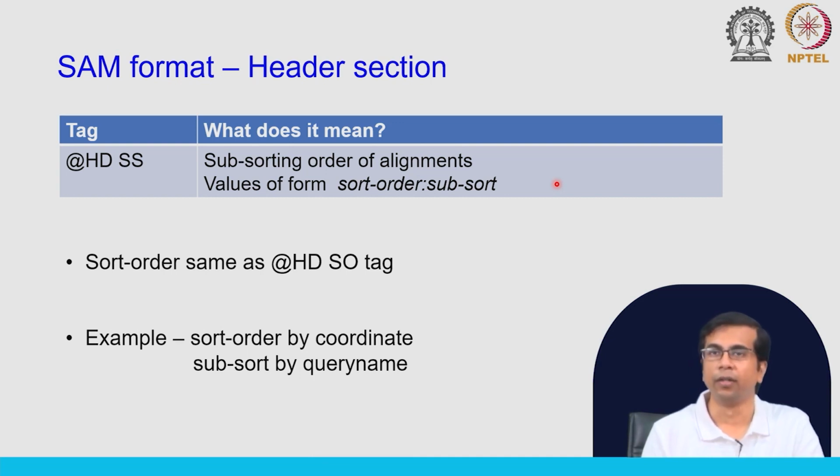So you can have two levels of sorting: first by coordinate, the position where it aligned, followed by the query name. And the sort order value will be the same as whatever the value is in the HD SO tag.